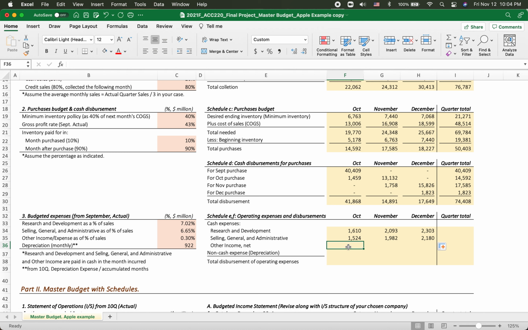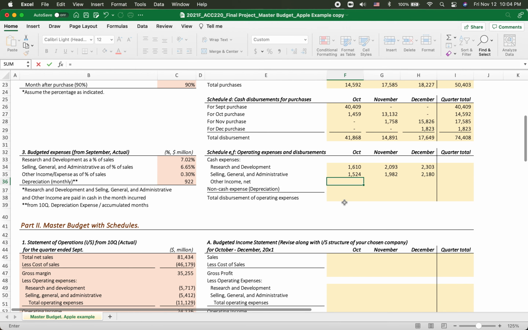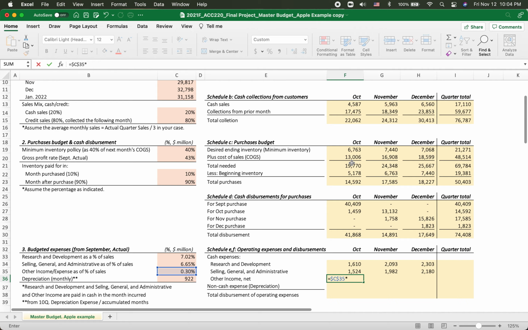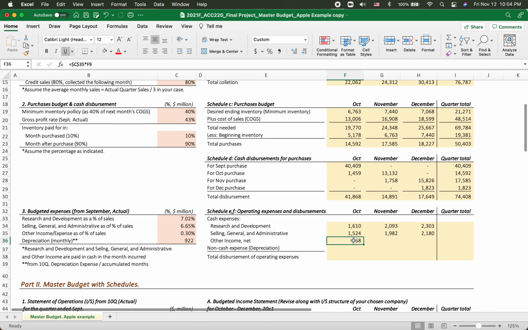Finally, other income and net amount is now calculated the same way. Here 0.3%. Let's lock the cell. We are going to use that percentage all the way through those months. And then let's drag to the right.